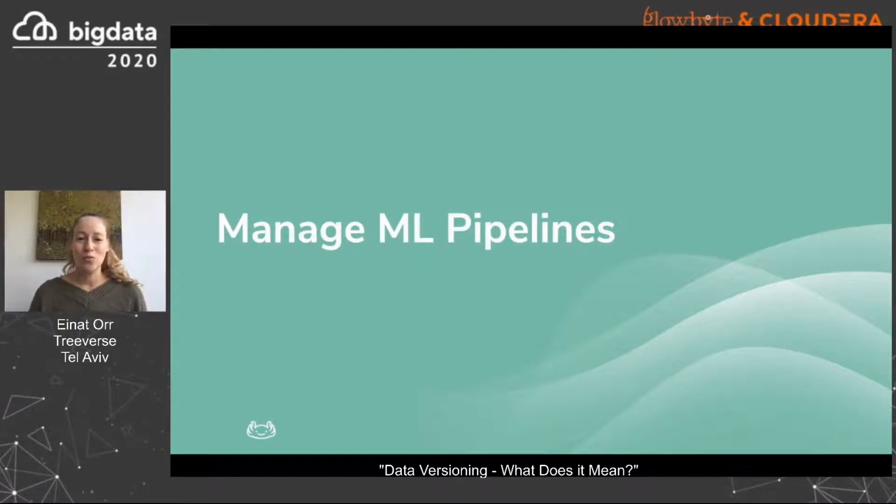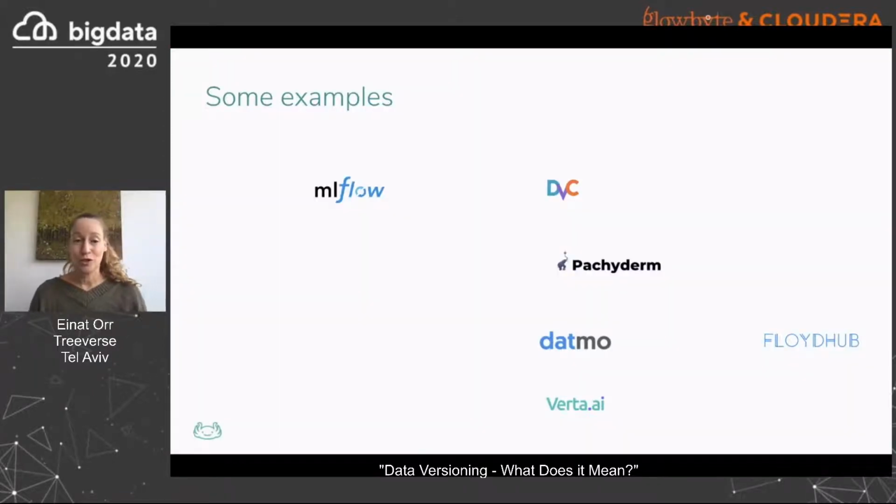This is a very wide area that includes very many tools. Some of those tools also provide data versioning as part of allowing you to manage your entire ML process.